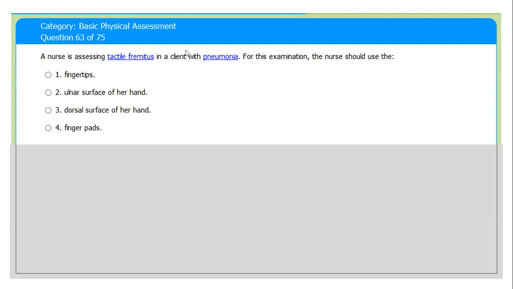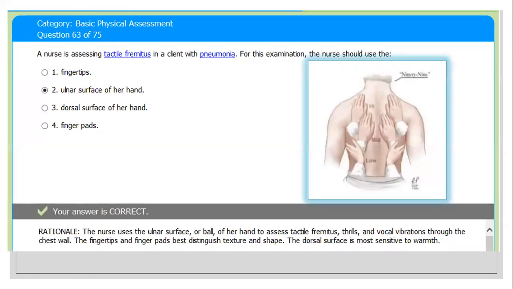So next question here says, for examination, the nurse should use fingertip. Number 2, ulnar surface of the hand. Number 3, dorsal surface of the hand. And number 4, finger pad. So the correct answer is ulnar surface of the hand.